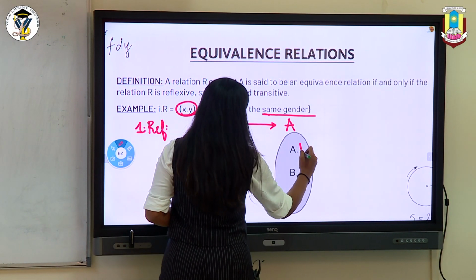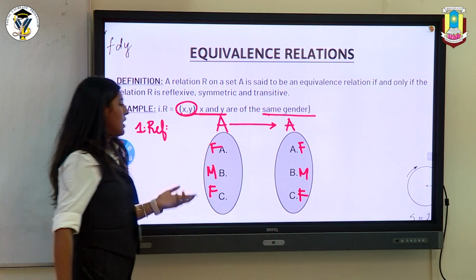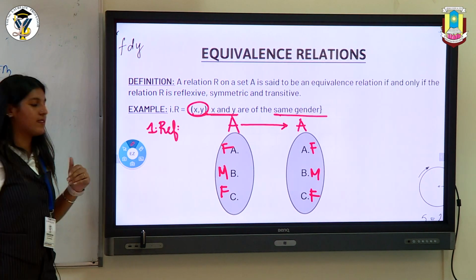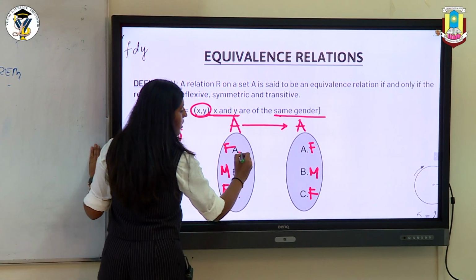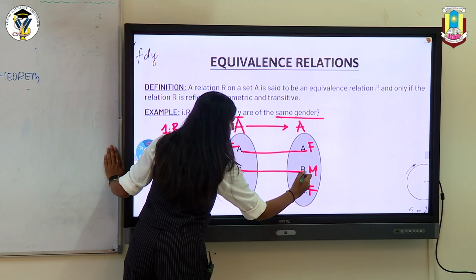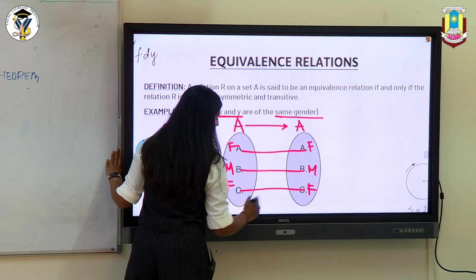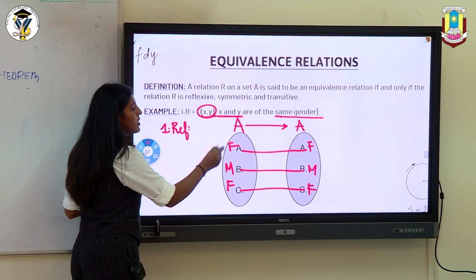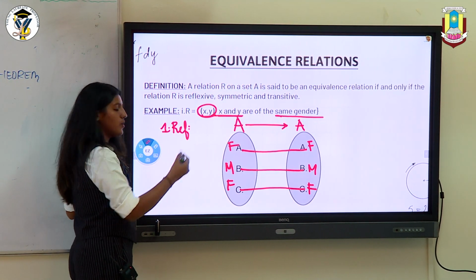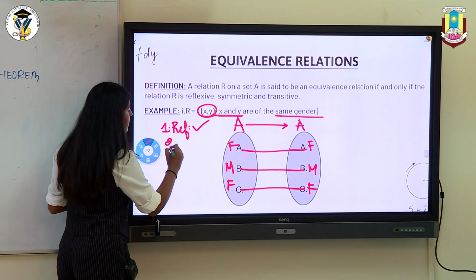Is it a reflexive relation? Let's see. A is female, obviously A is related to itself. B is male, so B is again related to itself. C is female, C is related to itself. So every element of A is related to itself. Thus it is reflexive.